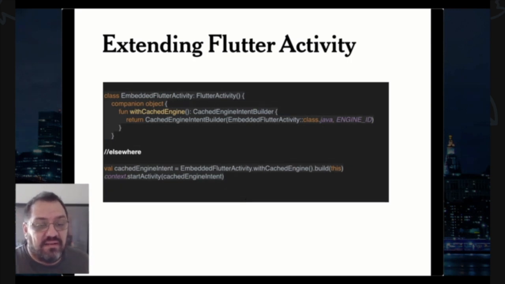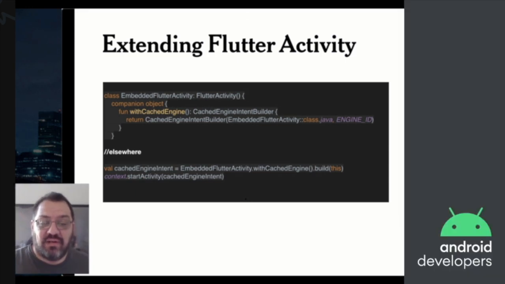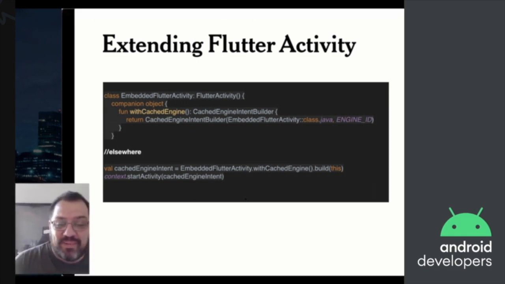And you pass that cached engine intent builder with a reference to your Flutter activity class. And then you also pass in the engine ID that you're going to be referencing. Then when you're trying to click on your floating action button, you just say embedded Flutter activity with cached engine. Now, of course, you'll also need to add that to your manifest, but that's pretty much it.